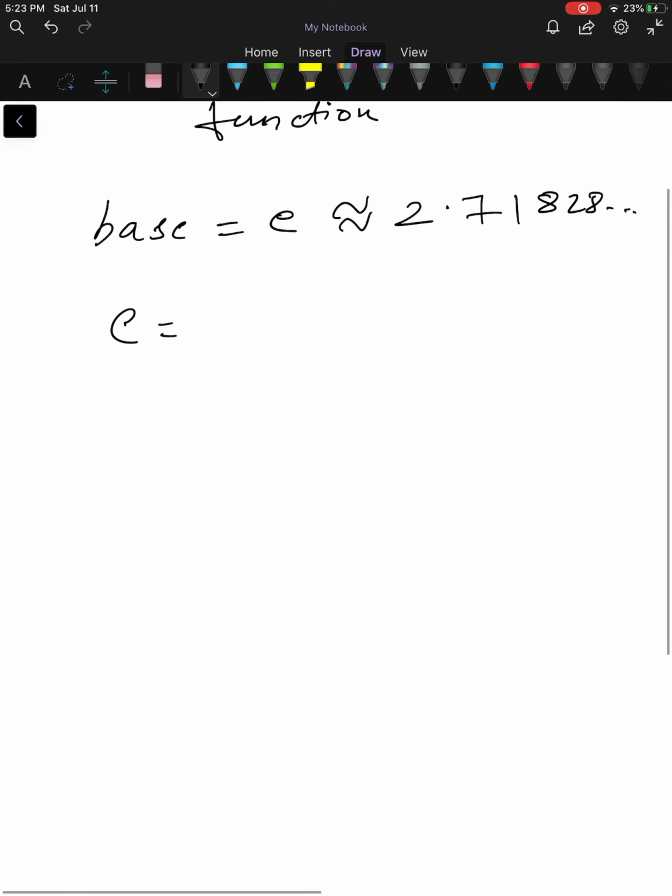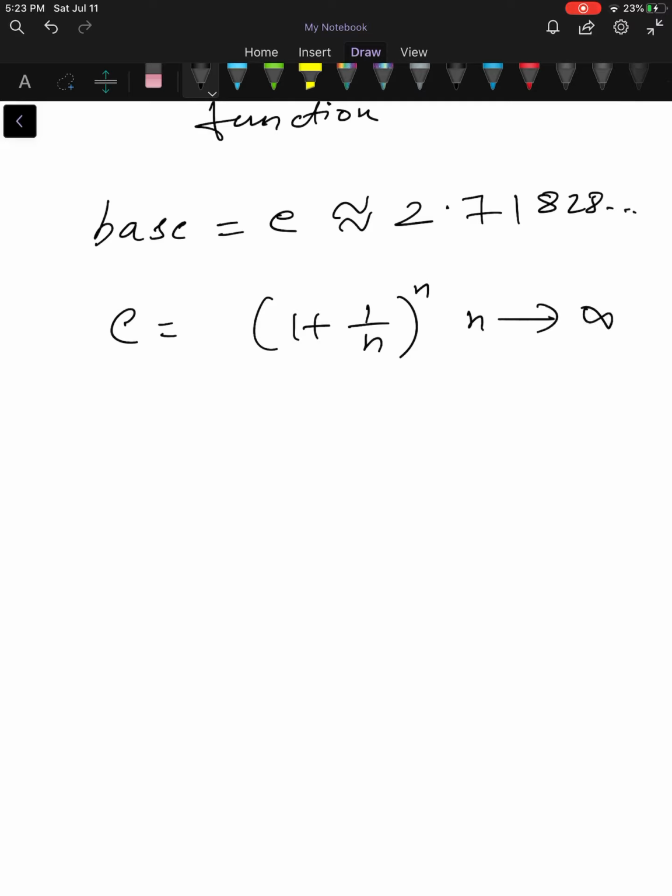So e can also be defined as the value of (1 plus 1 by n) whole to the power of n as n approaches infinity, that is, as n becomes larger and larger. The value will approach e.